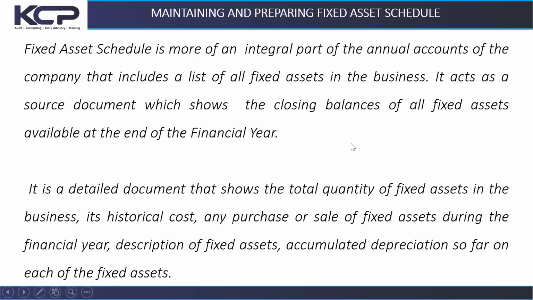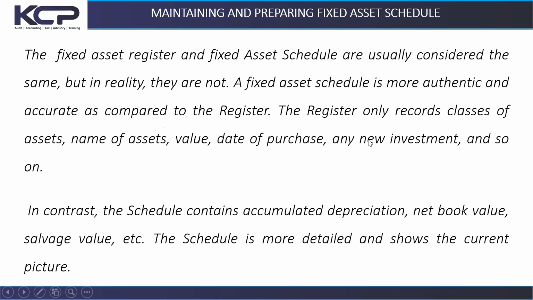But the fixed asset schedule in particular shows, in summary, three main captions. The costs, which are broken down into the opening, addition, reclassification, disposal. Then accumulated depreciation that shows the opening balance, charge for the year, depreciation element on reclassification, and the one on disposal.